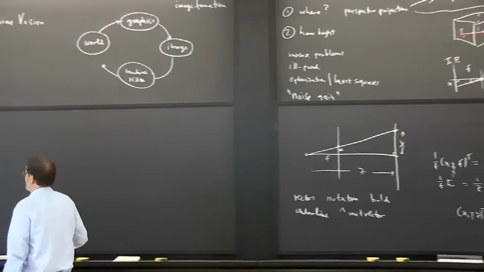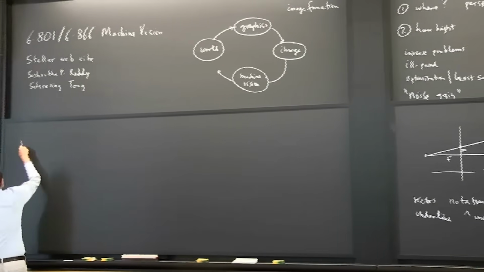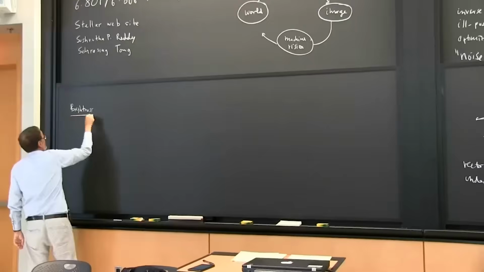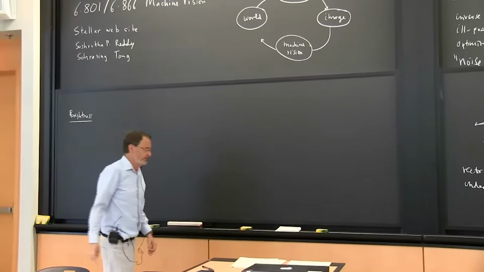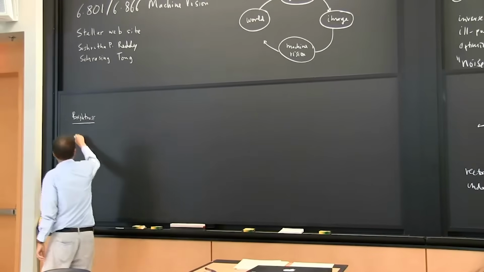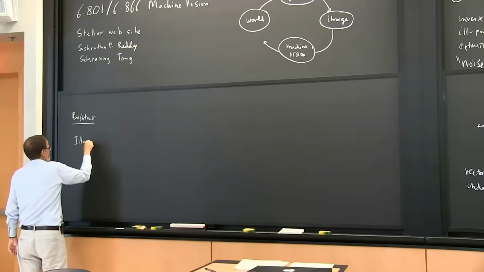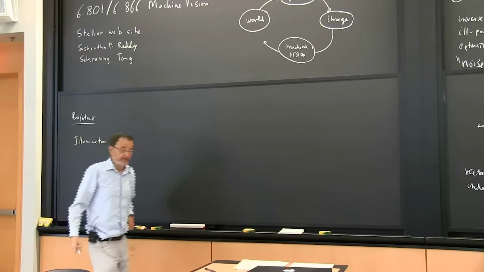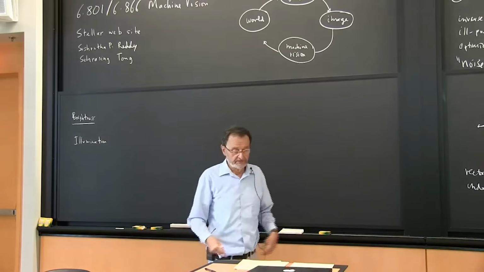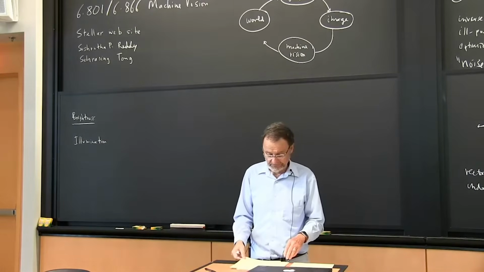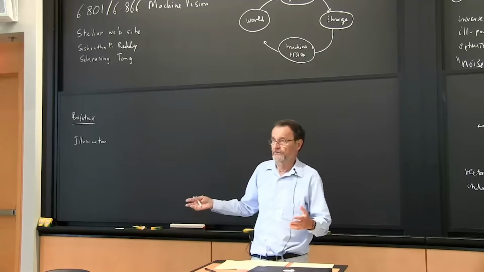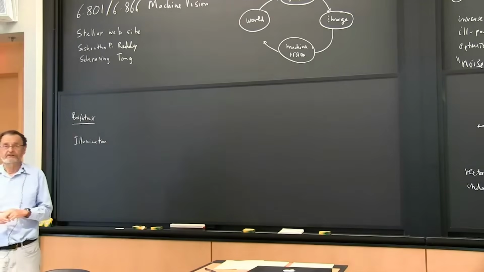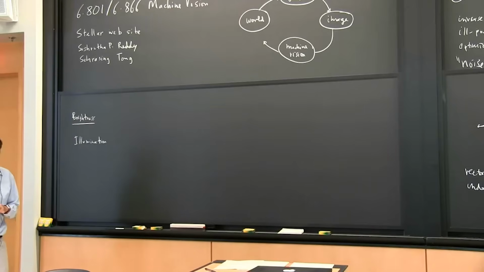Okay, let's talk about brightness. Brightness depends on a bunch of different things. It depends on illumination, and in a linear way, in that if you throw more illumination on an object, it's going to be brighter. And there are few laws that are really, really linear.